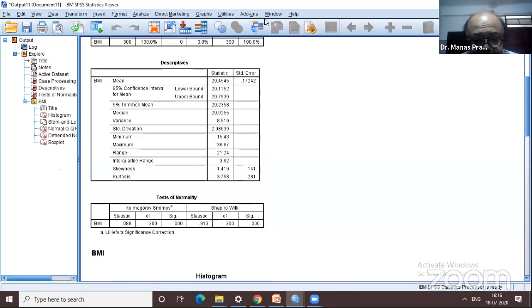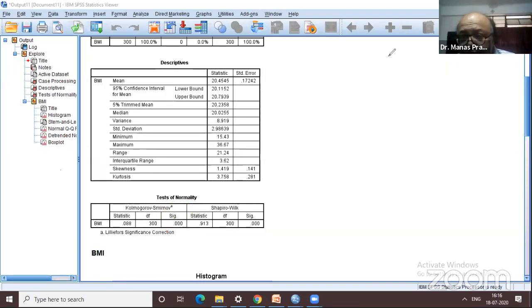P-value here also is 0.000. You can see a lot of skewed observations, a lot of extreme observations in the box plot of BMI. So from the box plot also we can observe that this does not follow normal distribution, and this is confirmed by the Kolmogorov-Smirnov test that the p-value is less than 0.05, so it does not follow normal distribution.